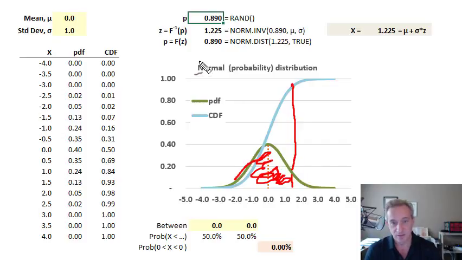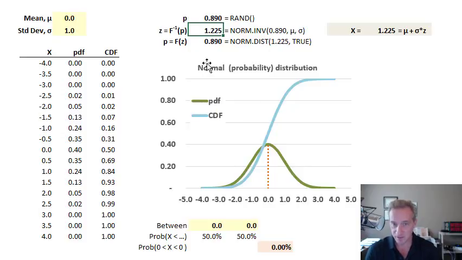So I started with the inverse cumulative distribution function, but now just to take a round trip back to where we started, I'm right here, I have the cumulative distribution function. So you can see the notation here. The cumulative distribution function accepts the quantile, or in this case the z value of 1.225.